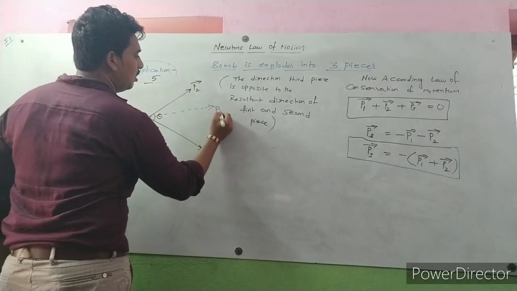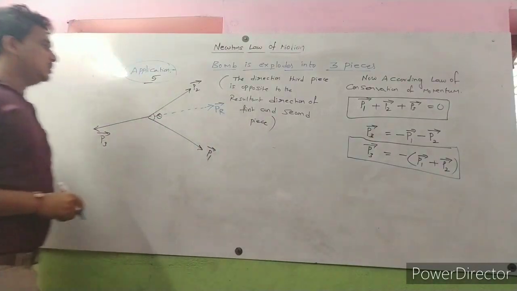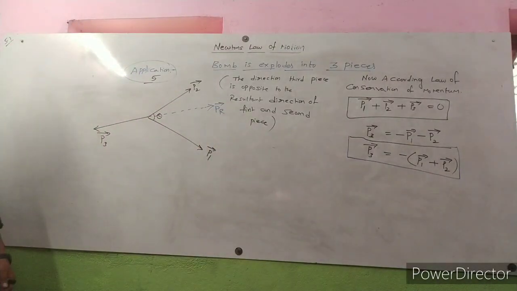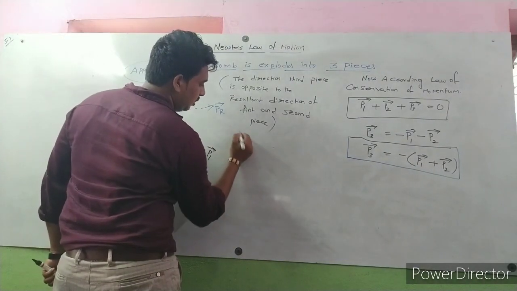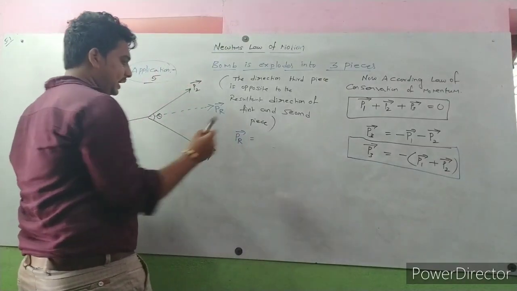This is PR bar, the resultant of the first and second piece.